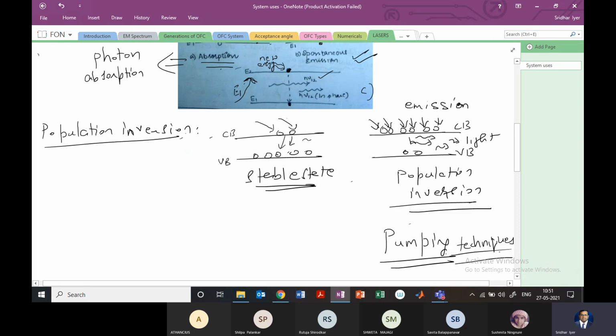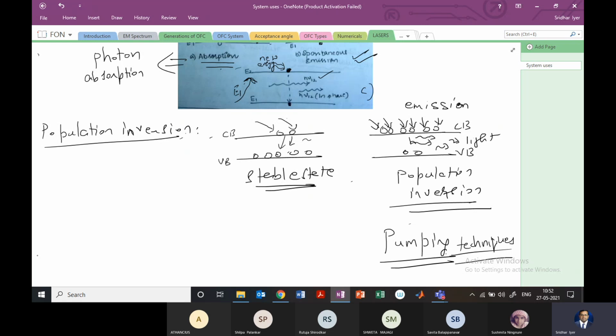In semiconductor lasers, which we use for the OFC systems, population inversion will be achieved by injecting the electrons into the device at particular contacts, and we will fill the lower energy states of the conduction band. So we will ensure that majority of these carriers will move into the conduction band, right?